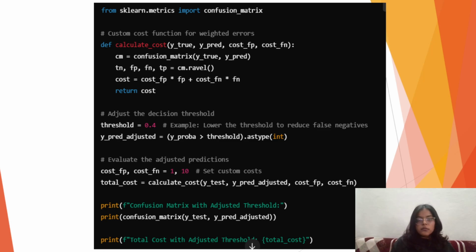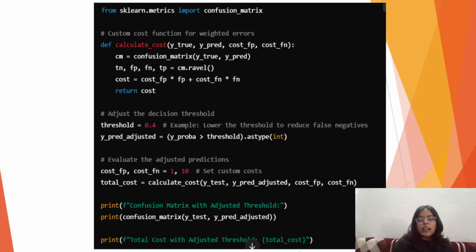Now, as a summary, the difference between these two is that the basic evaluation code generally performs evaluation using standard metrics, which are accuracy, precision, recall, F1 score, etc. And unequal error cost handles scenarios where different errors have different costs.